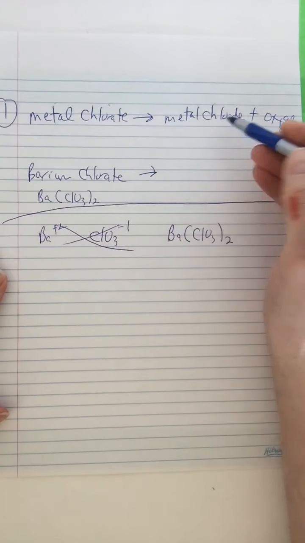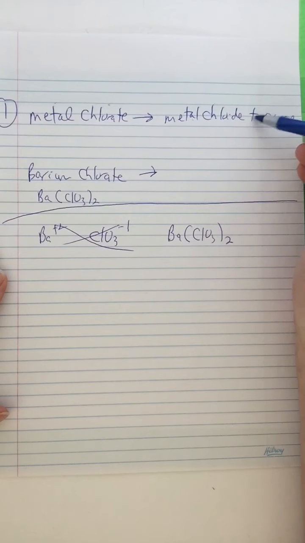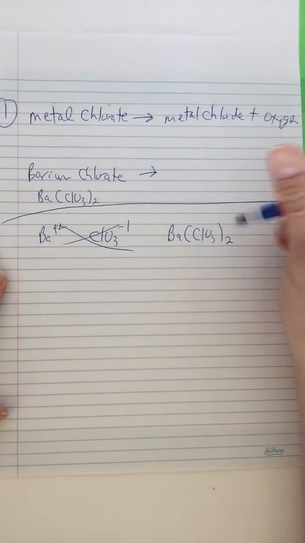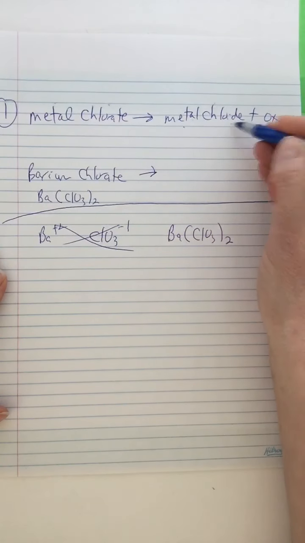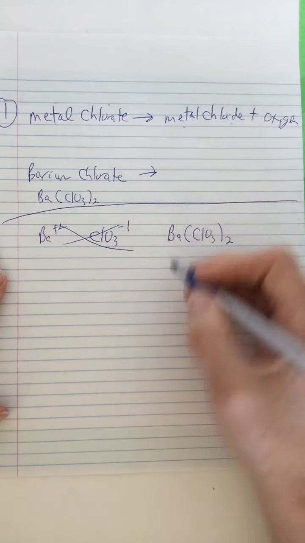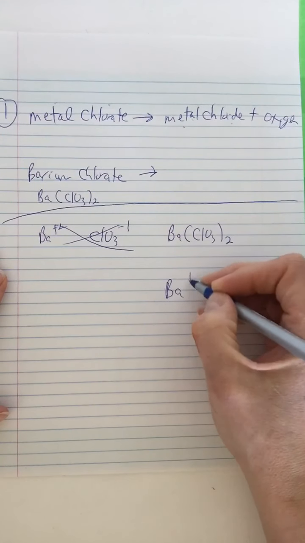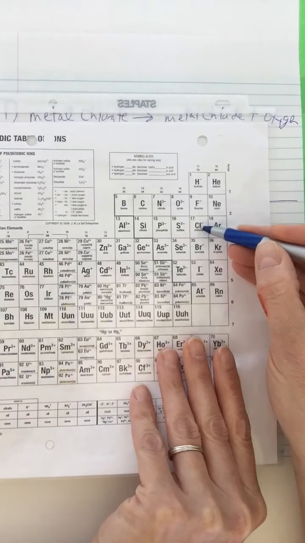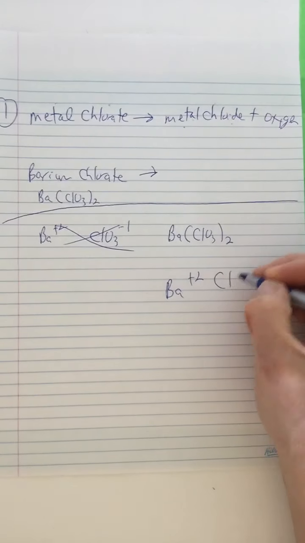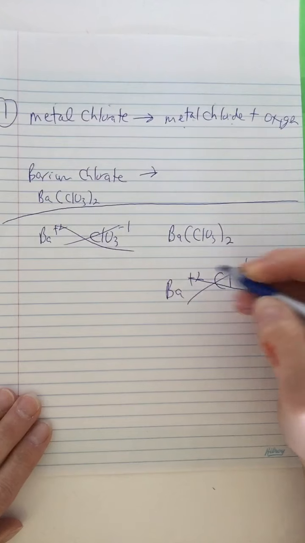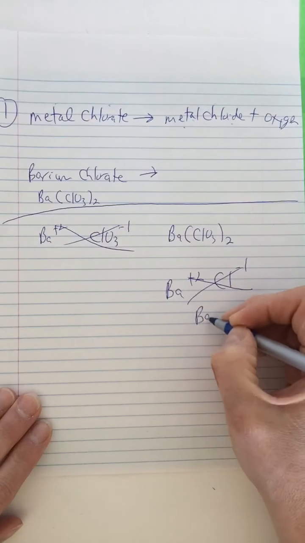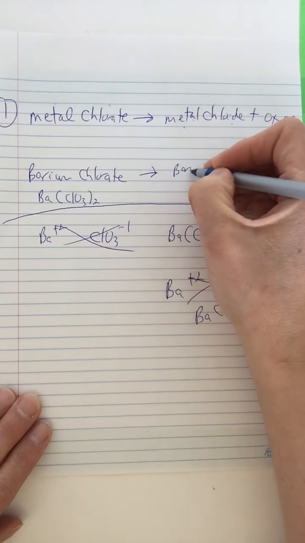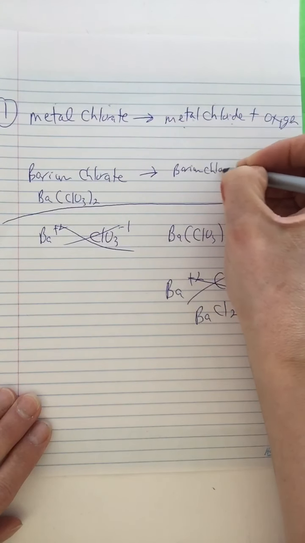Barium chlorate is going to yield the metal chloride plus oxygen. But what metal did we have? Well, barium's our metal here. So metal and the chloride. Well, that's easy. Metal is barium. We already looked it up. It's a +2. The chloride, it's Cl -1. So what does the metal chloride look like here? BaCl2. So we're going to get barium chloride.